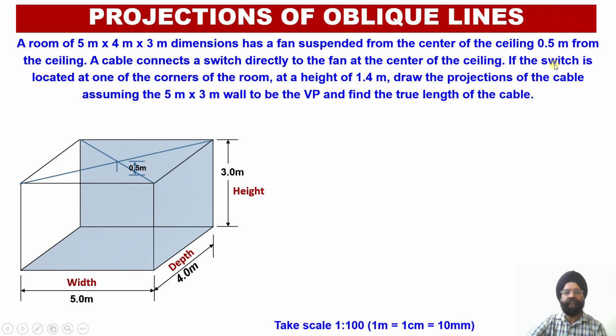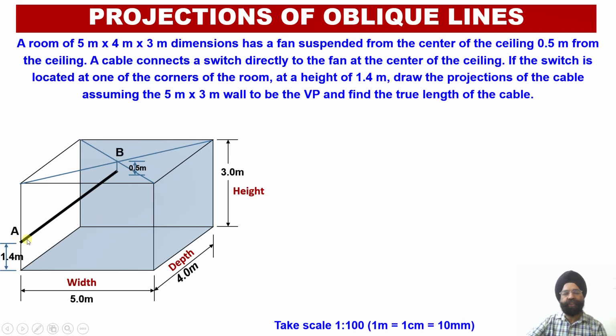So the switch is located at one of the corners of the room at a height of 1.4 meter. Now we have to join this point, which represents the location of the fan, with the location of the switch over here. So this is point 1 which is called point A, which corresponds to the location of the switch.